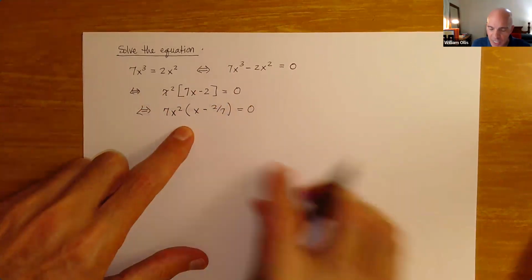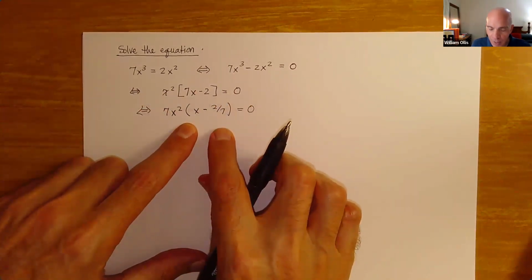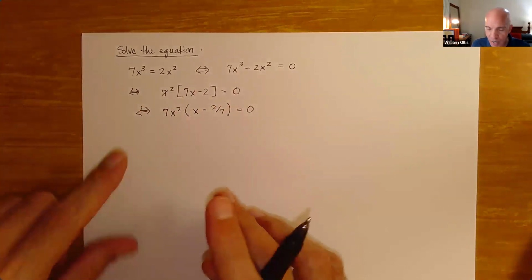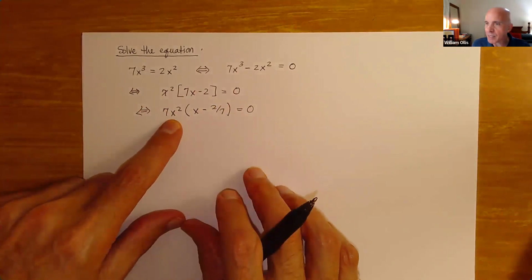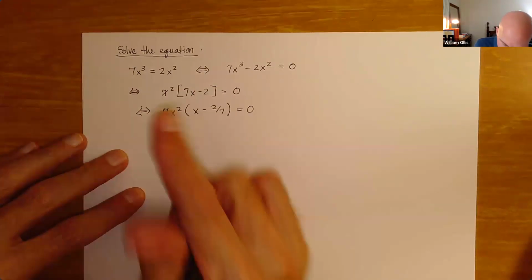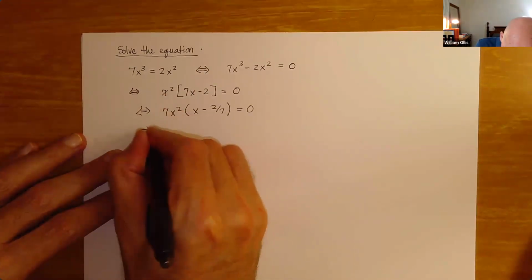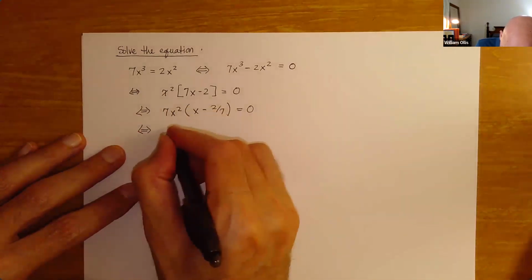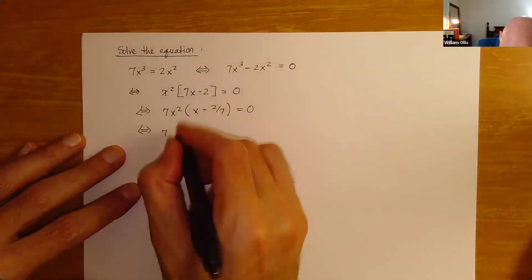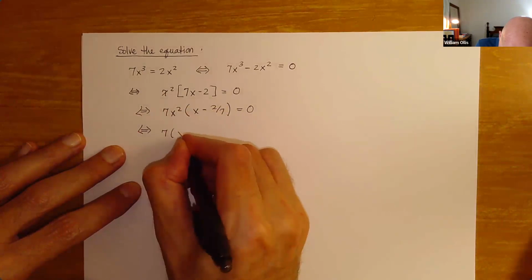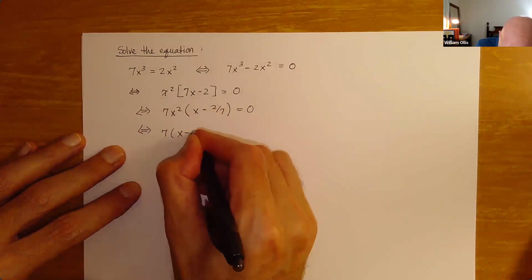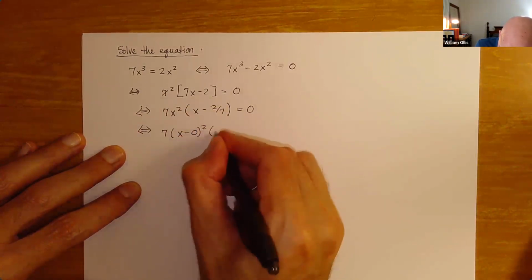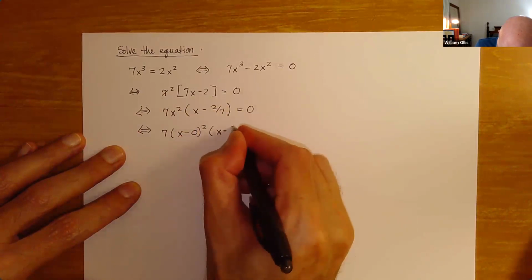So when you look at this particular example, you think, okay, zero product, but notice, of course, you have the x that's repeated. So let's just go ahead and write it with a power. So, you can look at it like this: 7 times x minus 0 squared, x minus 2 over 7.